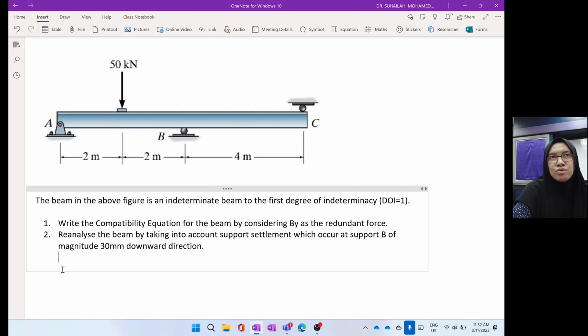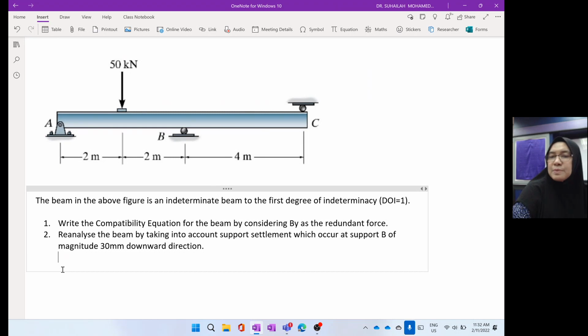Means that we have to do all the process as usual. And when we write the compatibility equation, when we need to take into account support settlement, then we have to rewrite the compatibility equation. But this time the equation is equal to the settlement given, not equal to 0 anymore. Do you get the idea?